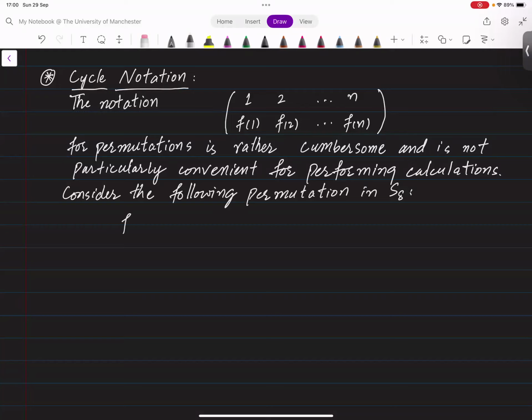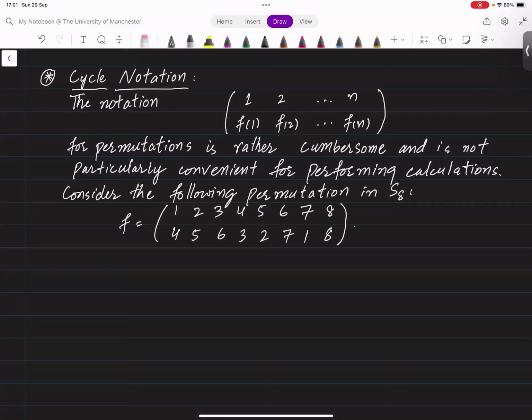That permutation F can be written as 1, 2, 3, 4, 5, 6, 7, 8. We are sending 1 to 4, 2 to 5, 3 to 6, 4 to 3, 5 to 2, 6 to 7, 7 to 1, and we are fixing 8.